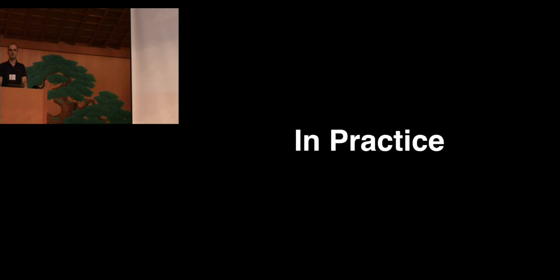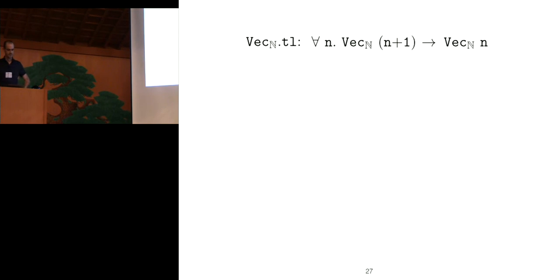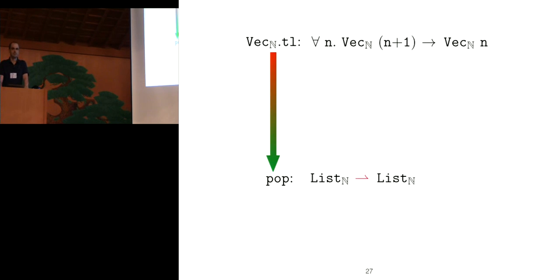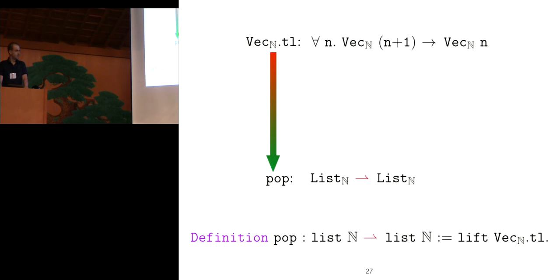Okay, so let's go back to our examples. We have the tail function with its dependently typed signature, and we may want to lift it to a simple pop function over list. So this is what the programmer has to write in Coq to do that. Basically, they define that pop, specify the target type of pop, and call this lift operator that we provide.